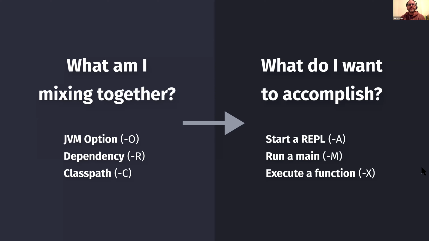That is now running a main. You don't want the REPL, you want to run a main in some namespace. So the easy thing to do is, every time you're going to use -A, just switch it and use -M, because it'll work for you.